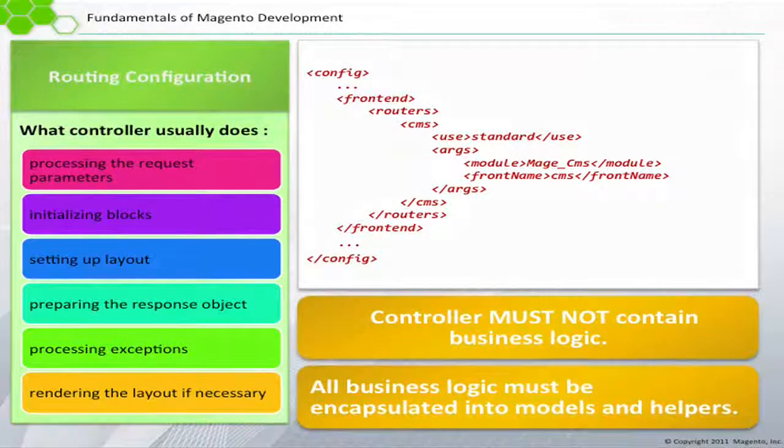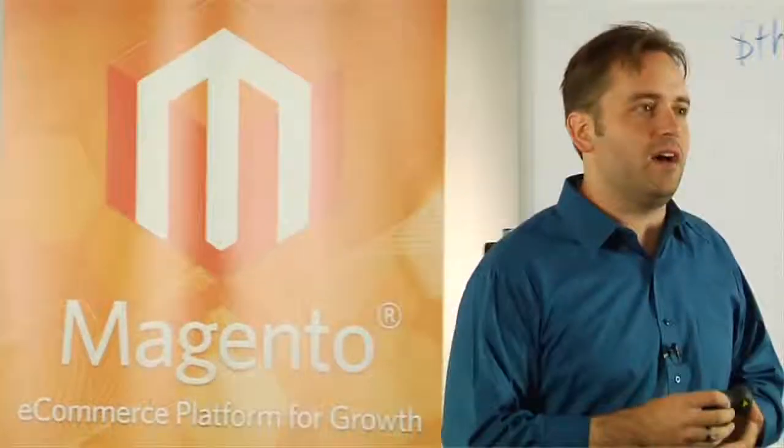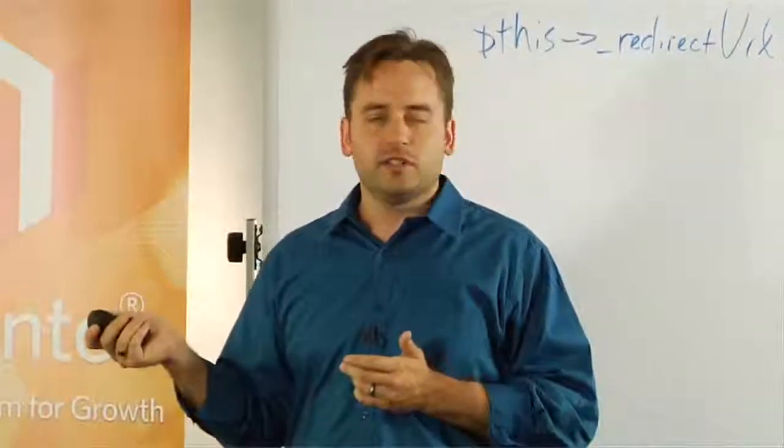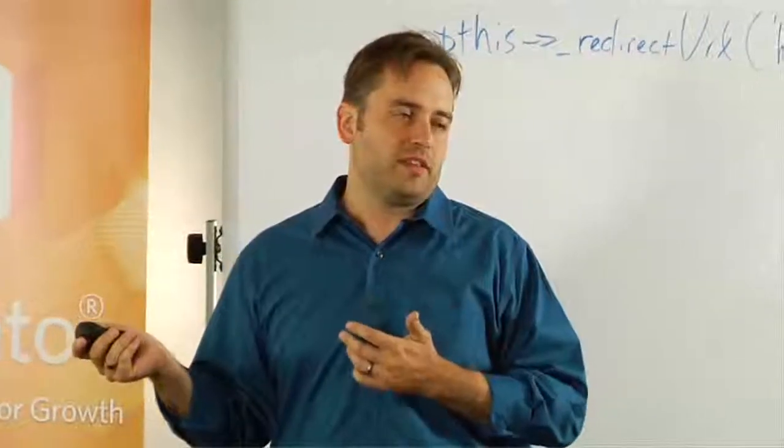So when I see this, I know that for the Mage CMS module, all the URLs that use this, the very first part of the URL is going to have CMS. That's why I changed that slide to say front name. And even though we're in the front end, we're specifying a standard router here. It's kind of a bit of a duplication of information, but it would be technically possible to have more than one router for the different areas. So we actually have to specify this.